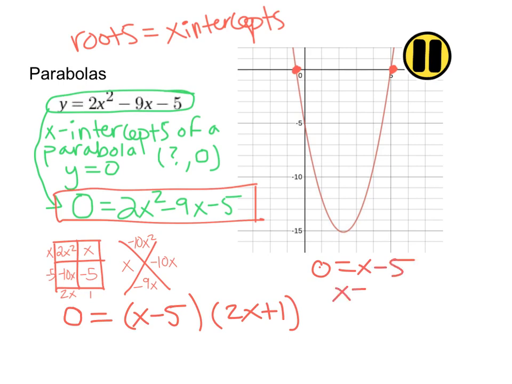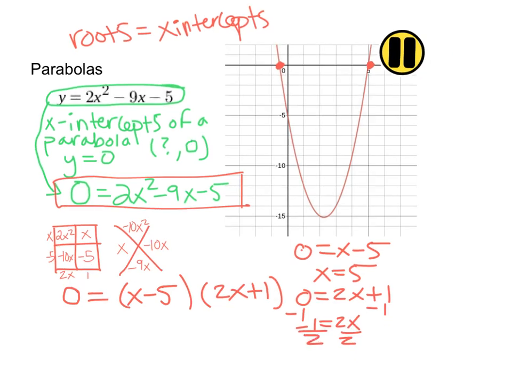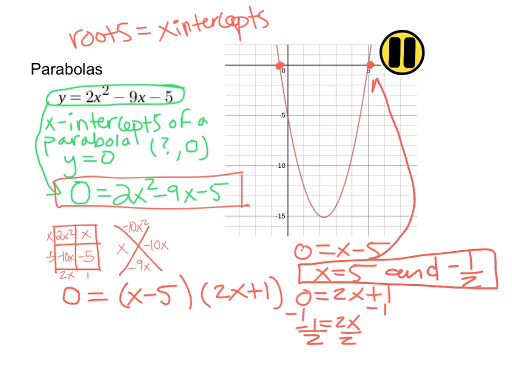So I can see here that x could equal 5. And I can see that x can also equal negative 1/2. And when I look at my graph, I see there's the 5, and there is the negative 1/2.